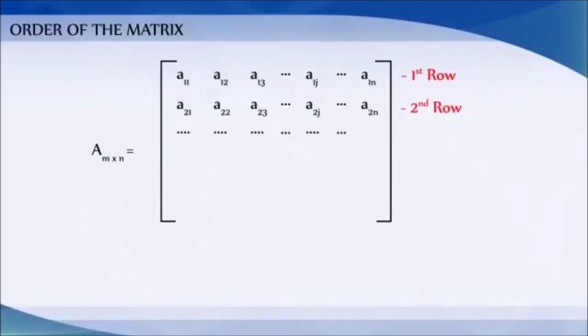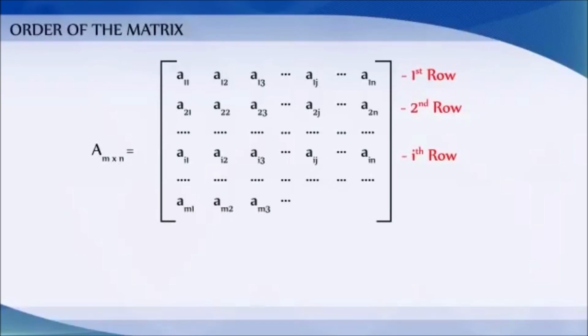Continuing like this, Ai1, Ai2, Ai3, etc., Aij, etc., Ain as the ith row, and finally Am1, Am2, Am3, etc., Amj, continuing to Amn as the mth row.